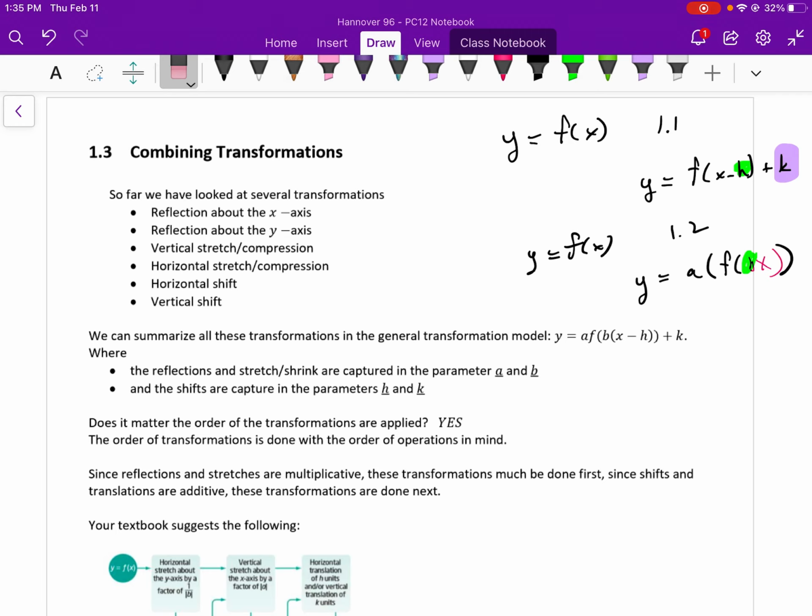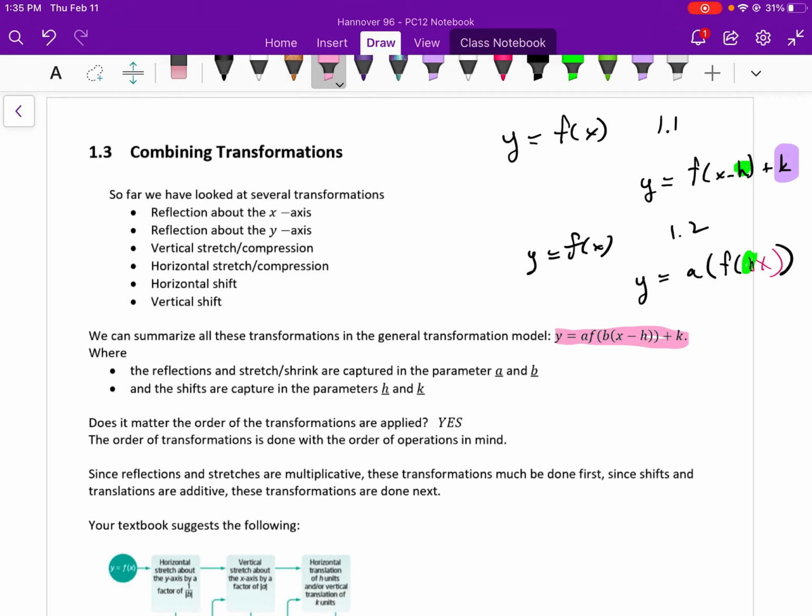So we can summarize all of these transformations in the general transformation model. I don't know if there's such a name that exists, but I definitely like to call it the general transformation model. It is y is equal to a, open brackets, f, open brackets, b of x minus h, close brackets, plus k.